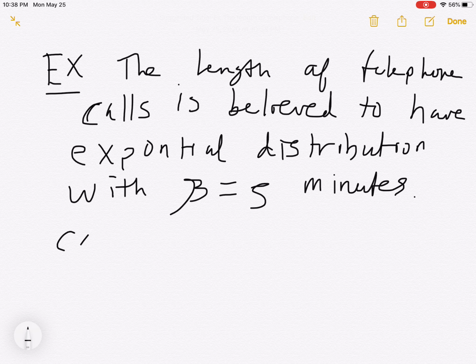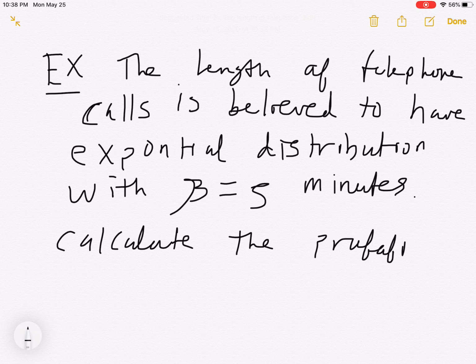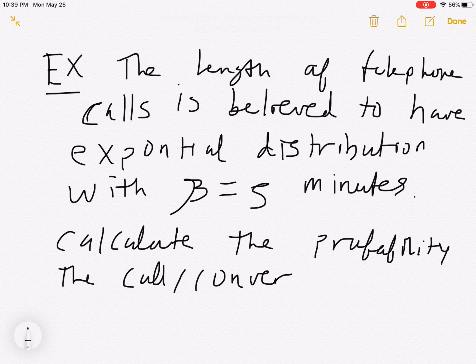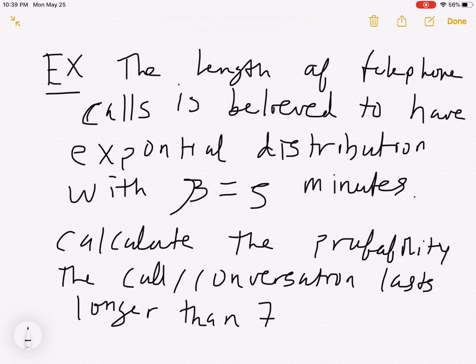I can ask you to calculate the probability the call or conversation lasts longer than 7 minutes.